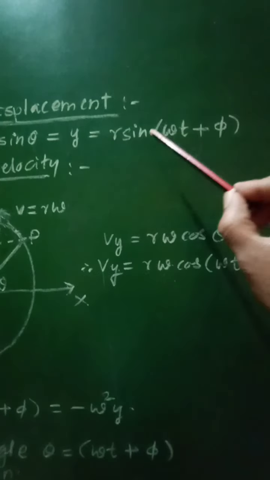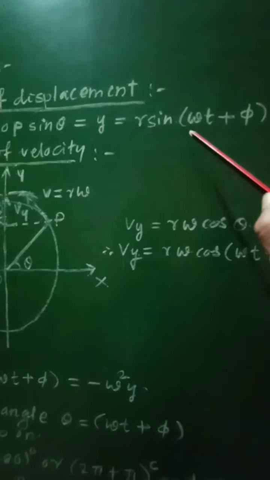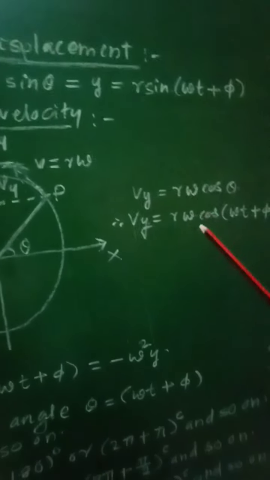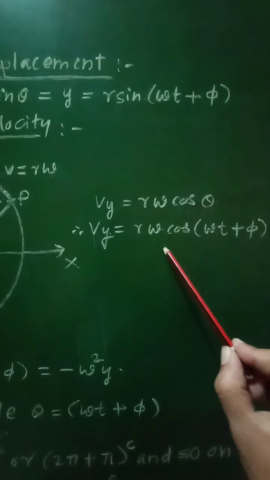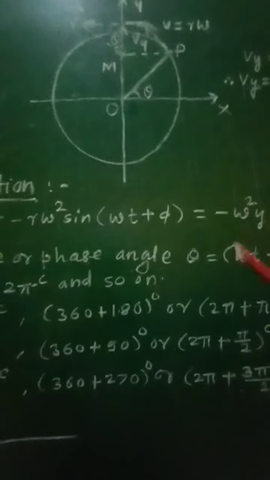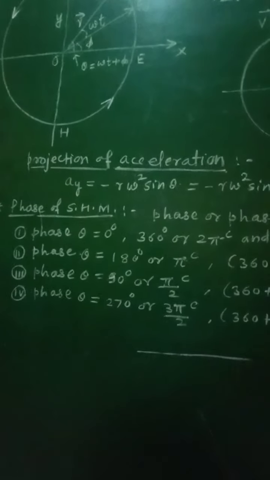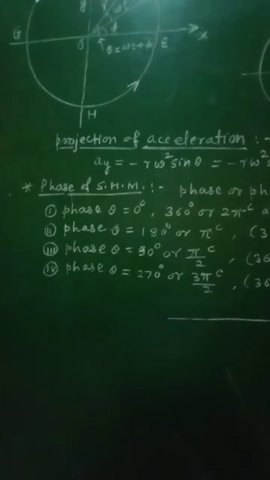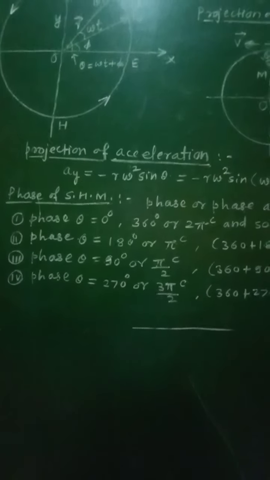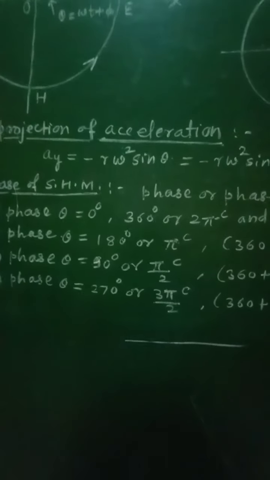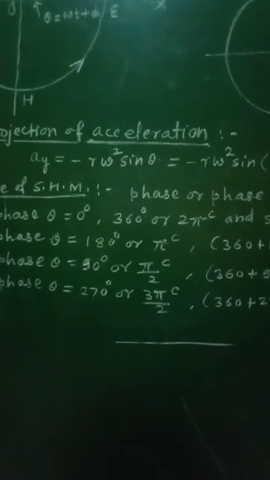So in this case, y is equal to r sin of omega t plus phi, that is the projection of UCM along the vertical diameter as the SHM. This velocity will also represent SHM, and this acceleration will also represent SHM, and therefore we can say that the projection of UCM along any diameter of the reference circle is SHM.